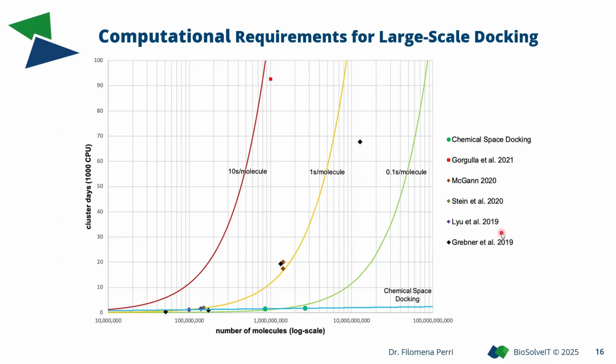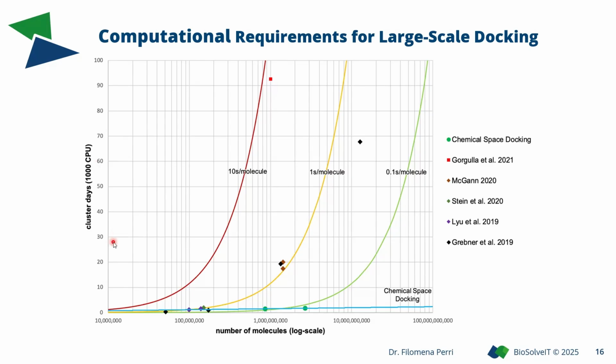It's also computationally scalable and efficient. As we can see in this other graph here, if we look at the x-axis, we have the number of molecules up to billions, and on the y-axis, we reported the computation cost in terms of cluster days, scaled up to 1,000 CPUs.